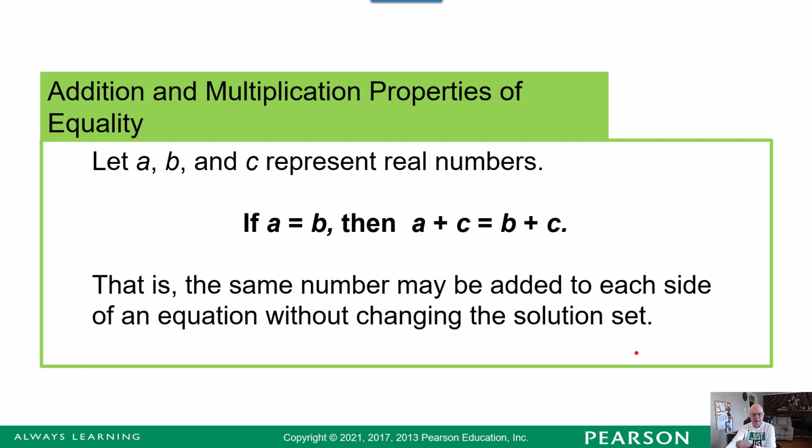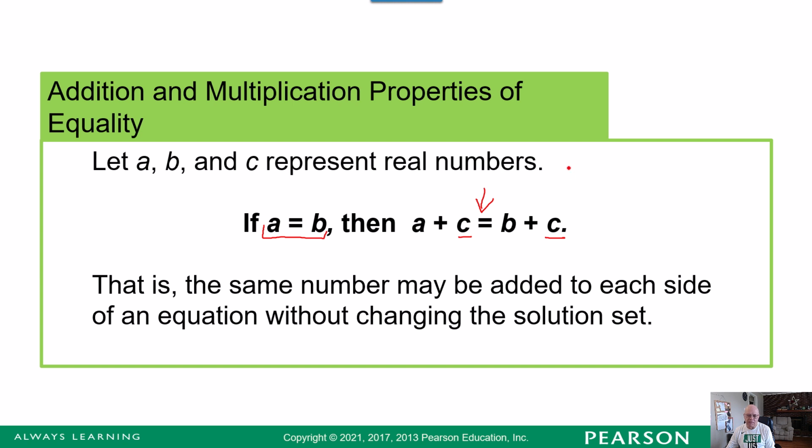Next, this you've definitely heard of before. A, B, and C are going to represent real numbers, anything from the number line. This just says that if you have A equal B, whatever A is, whatever B is, some expressions, then if you add the same number to both sides, you still have an equivalent equation.